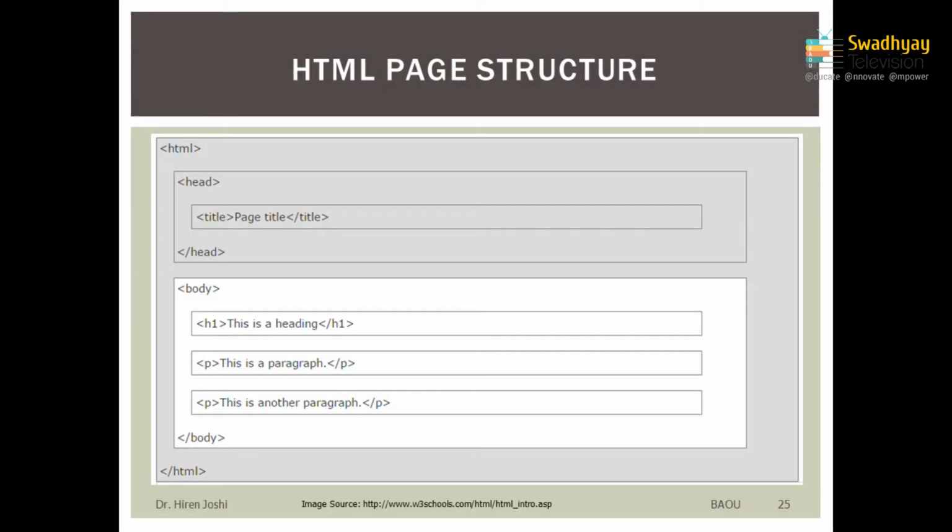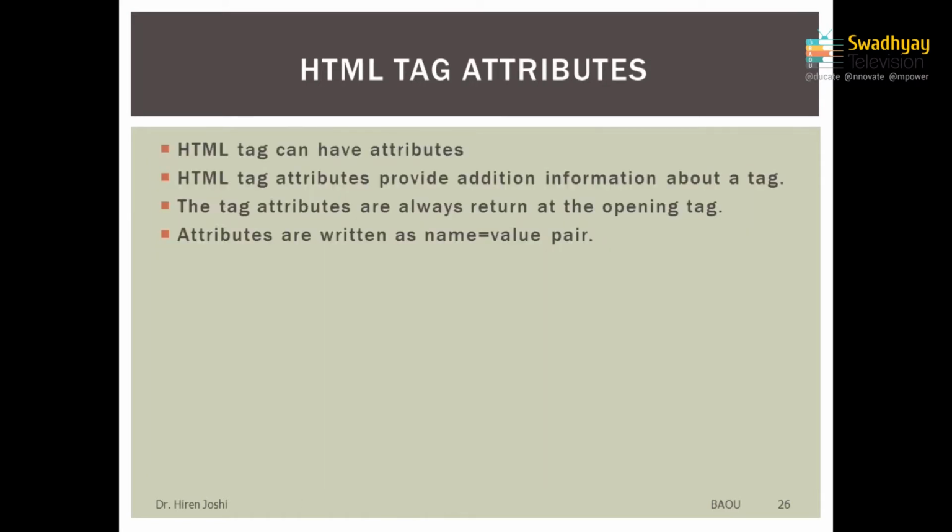Inside body you write the main content of your HTML pages. Then we considered that a tag can have attributes also. It is optional: a tag can have attributes or cannot have attributes. It is not required that each tag must have attributes.